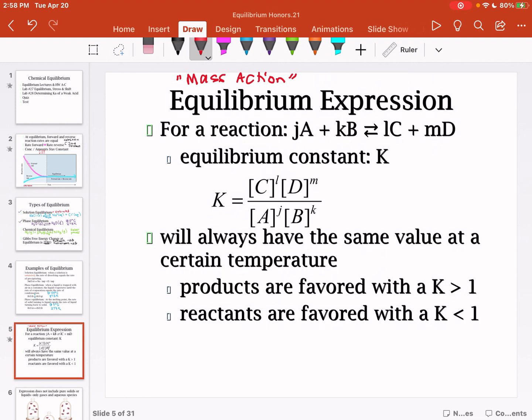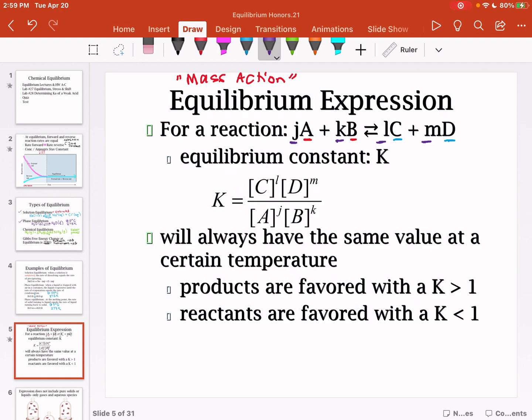But for any given chemical reaction, if A plus B are the reactants and C plus D are the products, and the lowercase letters are the coefficients of the balanced equation.